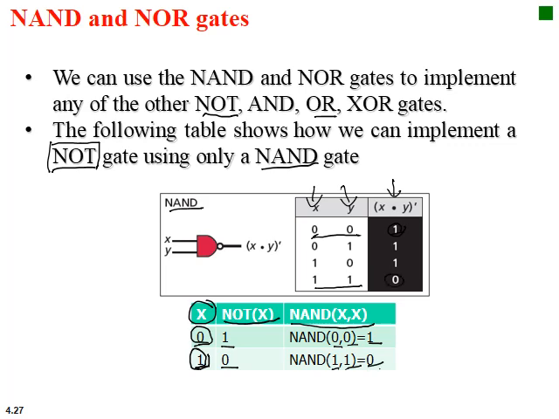And that basically is exactly the same as that column. So in other words, NOT X produced us 1, 0, and also produced 1, 0 using NAND X X. So in actual fact, we use that NAND gate now to simulate NOT X.